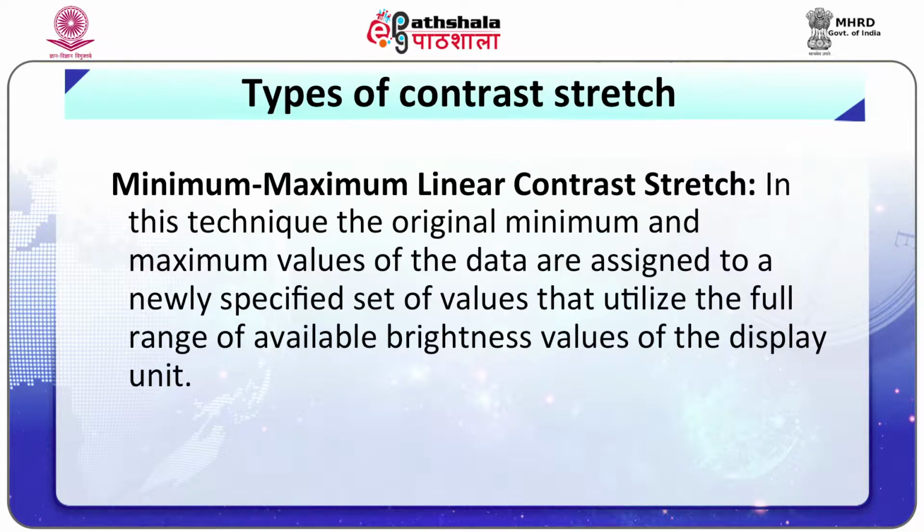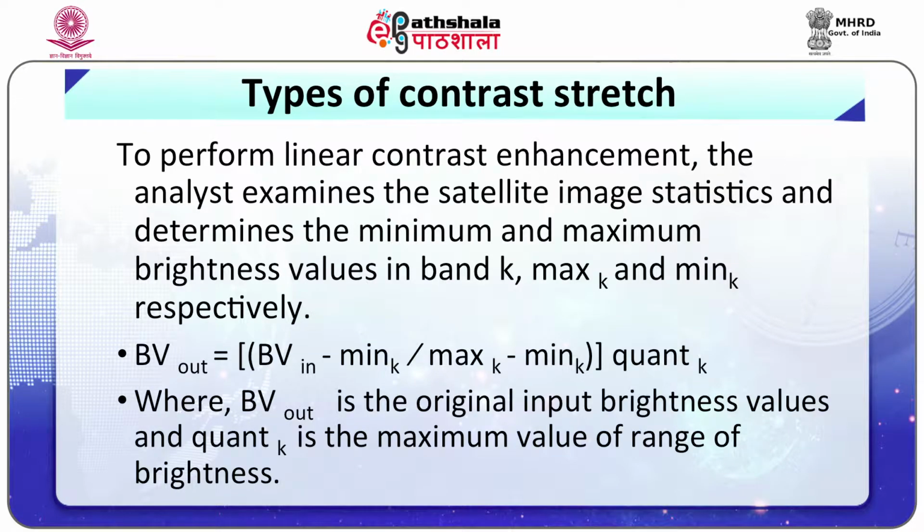Minimum maximum linear contrast stretch. In this technique, the original minimum and maximum values of the data are assigned to a newly specified set of values that utilize the full range of available brightness values of the display unit. To perform linear contrast enhancement, the analyst examines the satellite image statistics and determines the minimum and maximum brightness values in band K, max K and min K respectively.